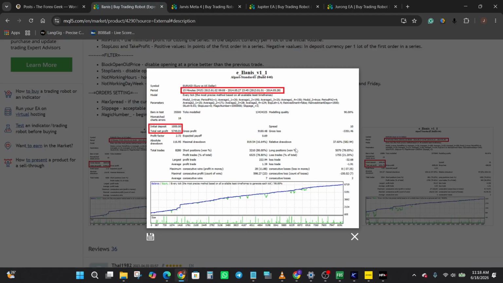From the report we have provided here, initial deposit $1,000, total net profit 5,749.01. And then here I can see that the win rate is 78.8%. The equity and growth curve looks pretty interesting, although there were some periods of substantial drawdown recorded.